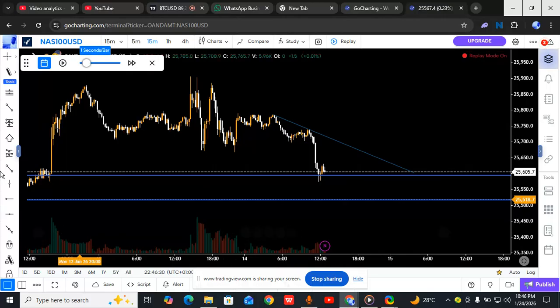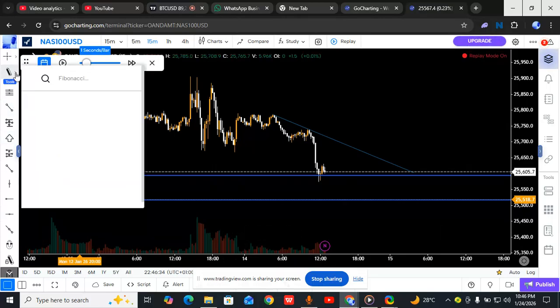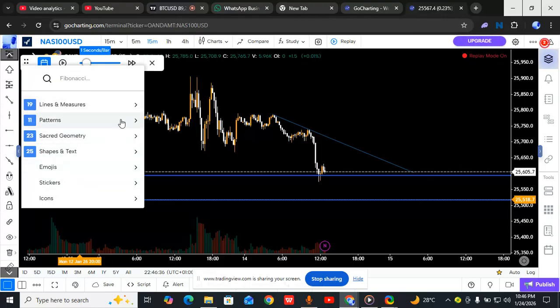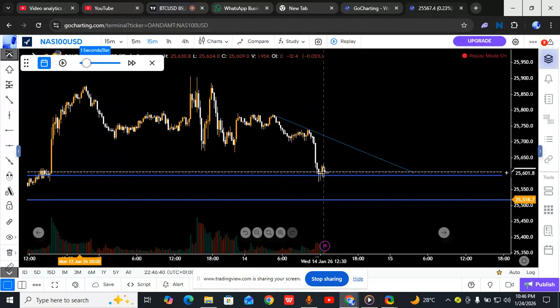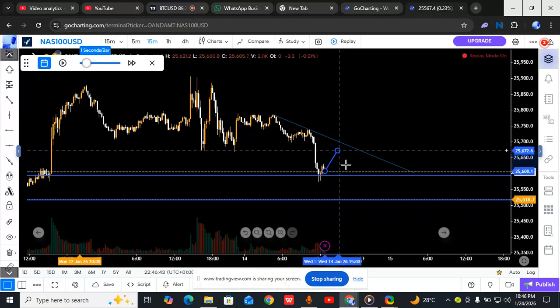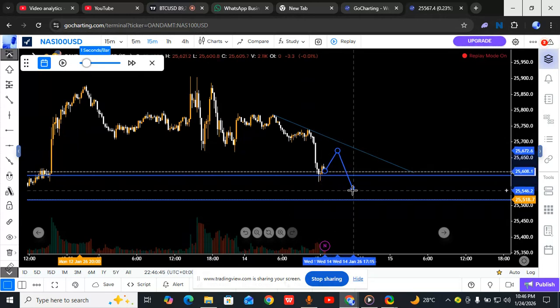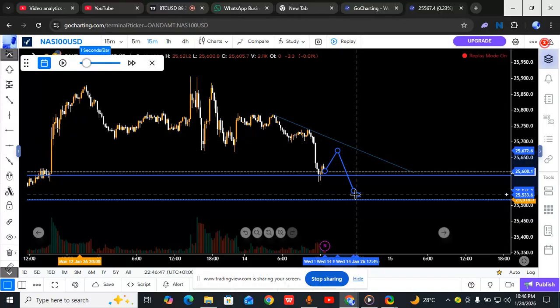Now, if price does something like this, let's see if I can find the drawing tool I'm looking for. Okay, this is it. So let's say price does something like this and comes down again, meaning price did not break out from that first move over here.